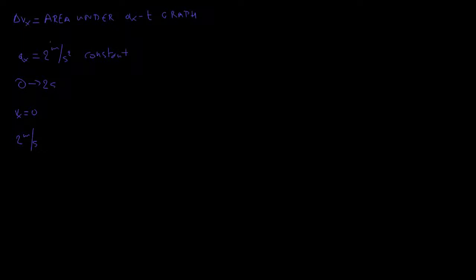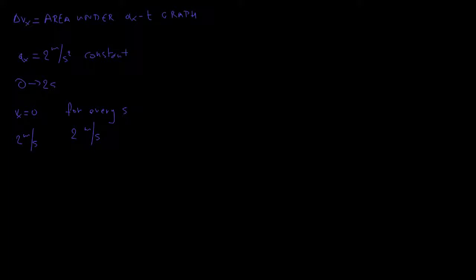How do I know that? This quantity is telling me that for every second, the velocity increases by 2 meters per second. Since I go from 0 to 1 and then from 1 to 2, I have 2 seconds.